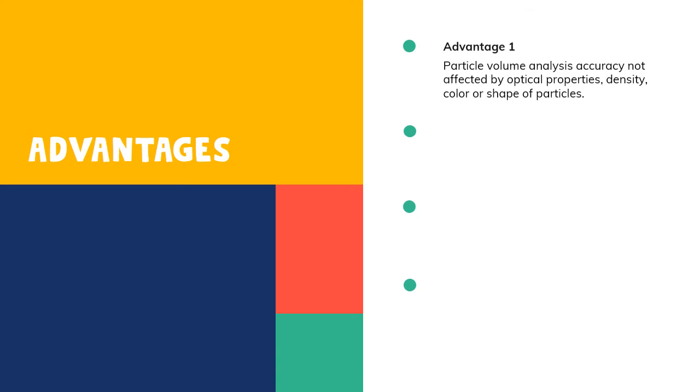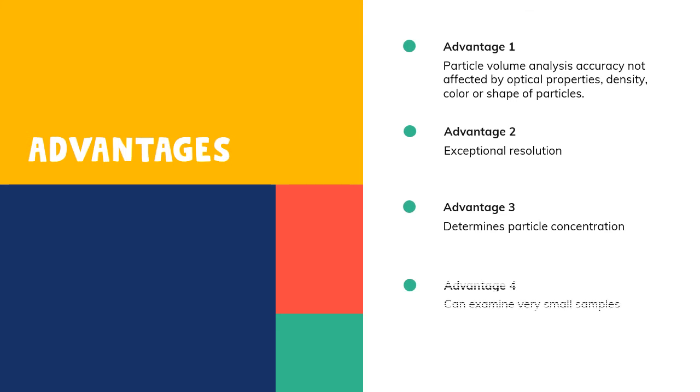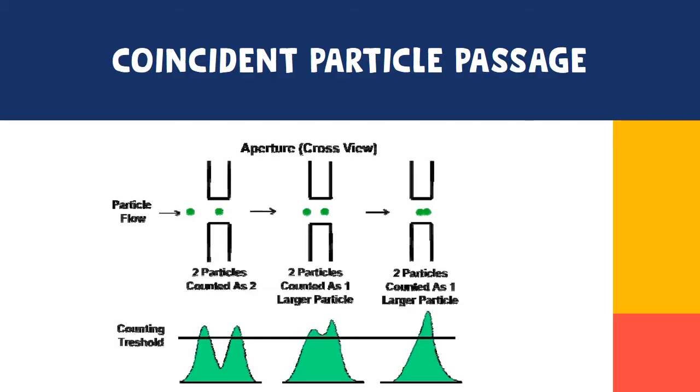The particle volume analysis accuracy is not affected by optical properties, density, color, or shape of particles. It gives exceptional resolution. It determines the particle concentration, and it can examine very small samples.